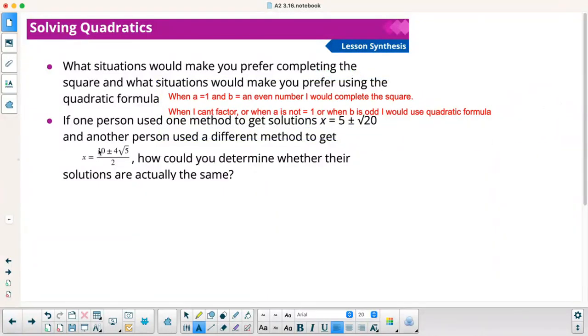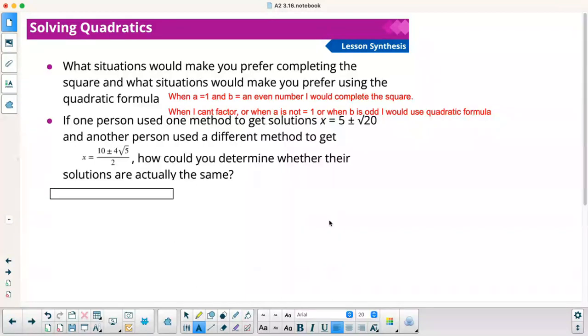Okay. If one person used one method to get the solutions x equals 5 plus or minus square root of 20, and another person used a different method to get x equals 10 plus or minus 4 radical 5 over 2, how can you determine whether solutions are the same?